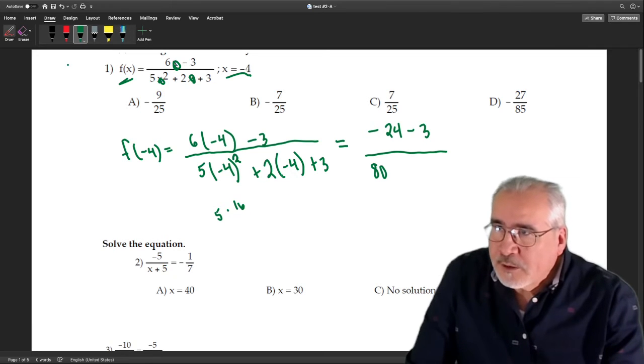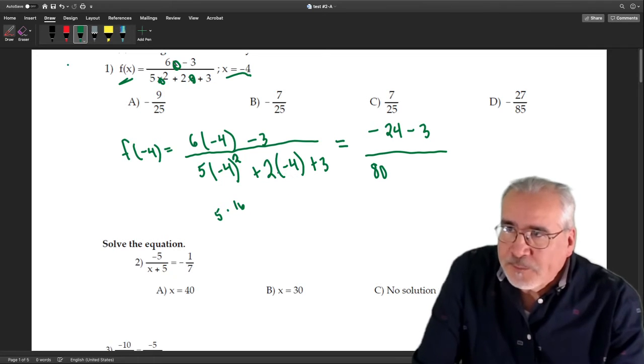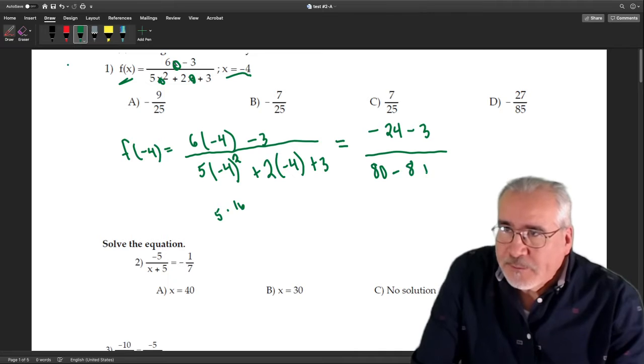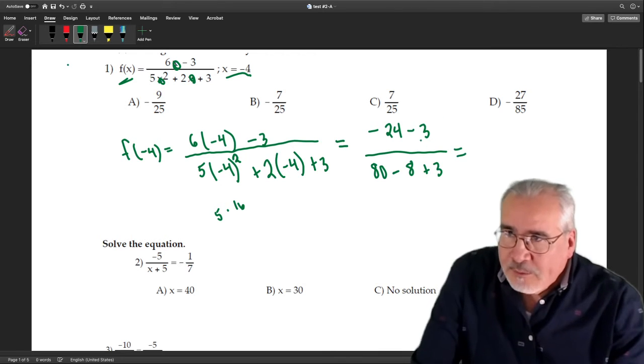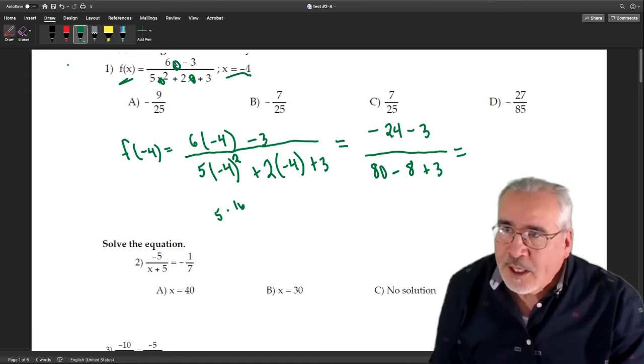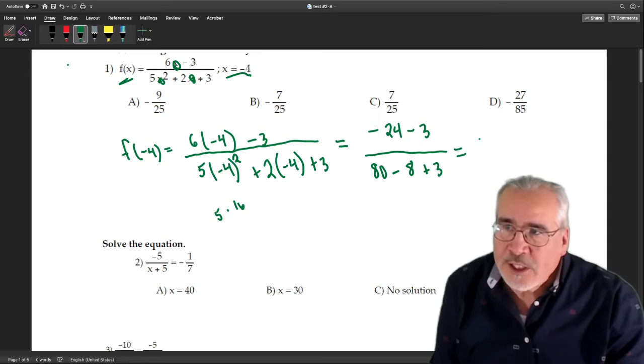In the middle term, we get 2 times -4. So that's going to give us -8. And then we've got our plus 3. Now we do the combining. In the top, -24 and -3, since the signs are the same, we actually add. That's going to be -27.